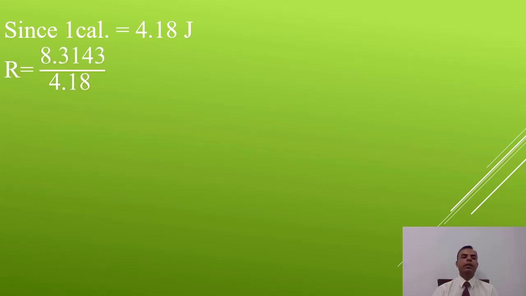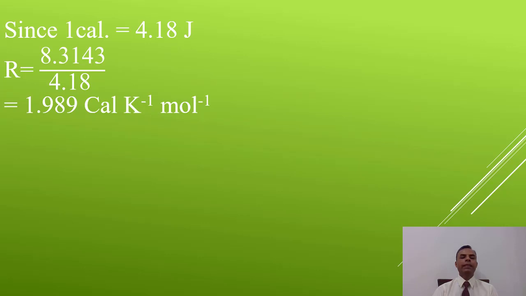Since 1 calorie is equal to 4.18 joules, for converting the value of R in calories, we have to divide 8.3143 by 4.18, and the value of R becomes equal to 1.989 calories per Kelvin per mole.